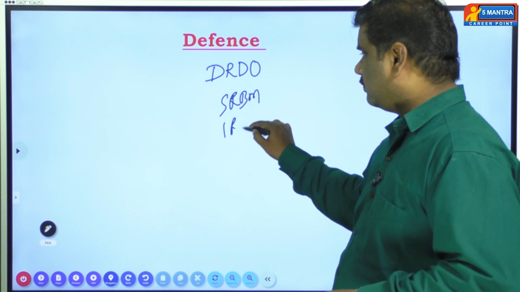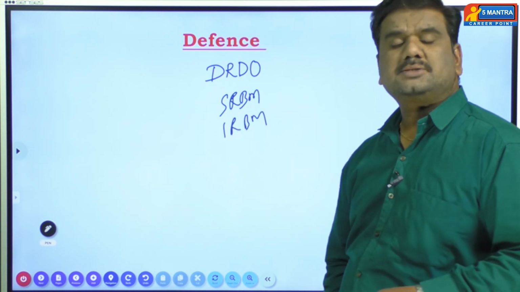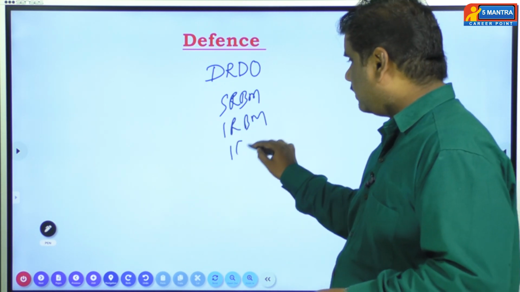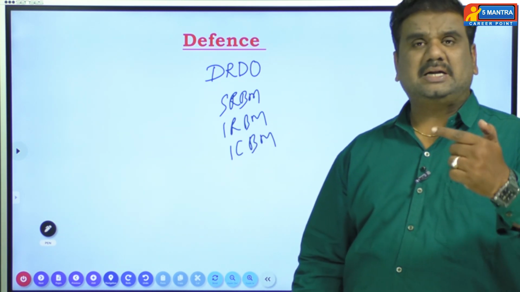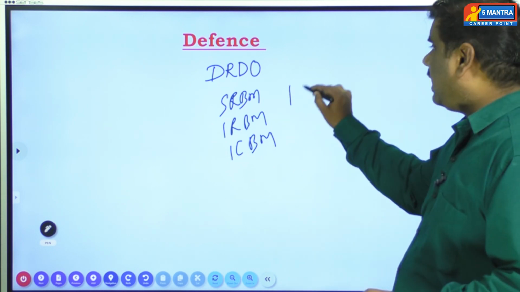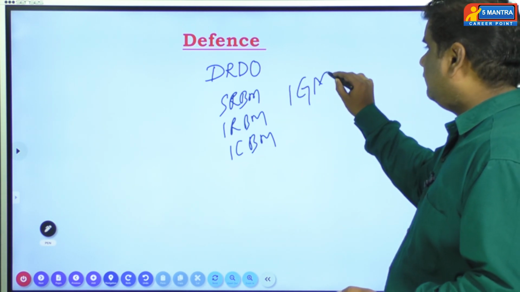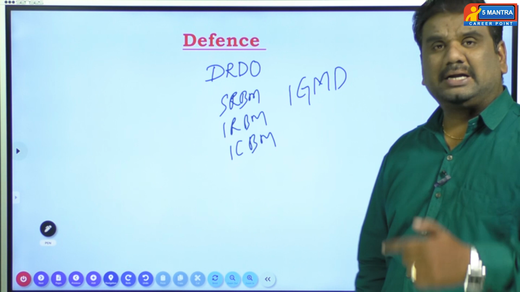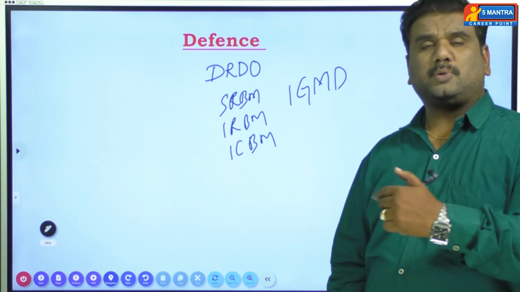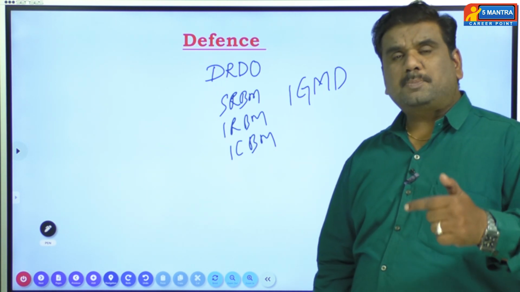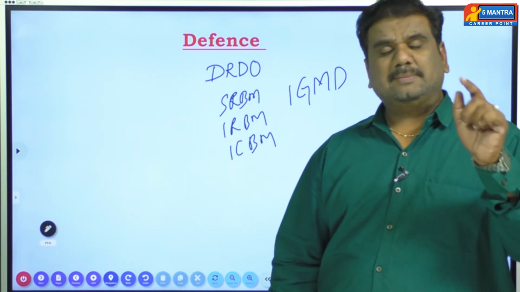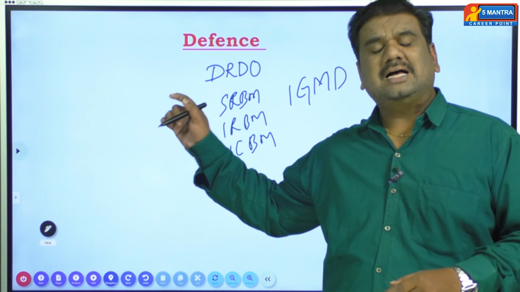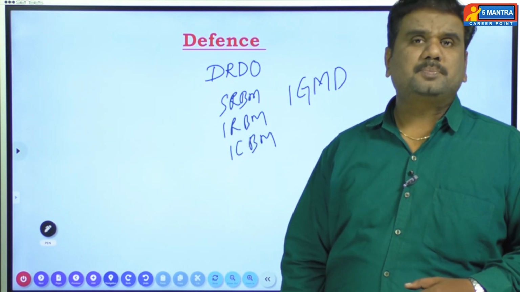Whether you're talking about short-range ballistic missiles, intermediate range ballistic missiles, or intercontinental ballistic missiles, and the different missiles developed as a part of the IGMDP, the Integrated Guided Missile Development Programme. When was this IGMDP started, and what are the different types of missiles developed as a part of it?